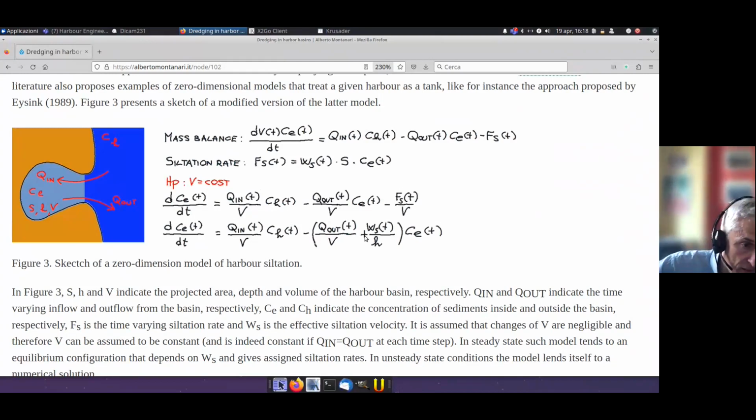a concentration of sediments, CE, and is characterized by a surface S. It's characterized by the depth H and the volume of the harbour basin V. And then we have the ocean outside with a concentration of sediments CH.